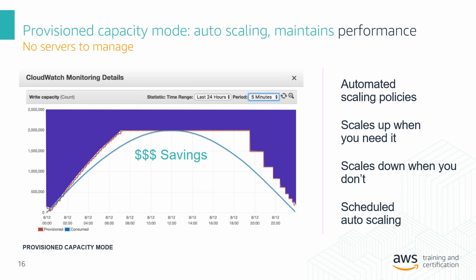So that's very important. What you see on this slide is CloudWatch, the monitoring service that we have at AWS. You might be familiar with CloudWatch. It's a CloudWatch view of provisioned capacity and usage.